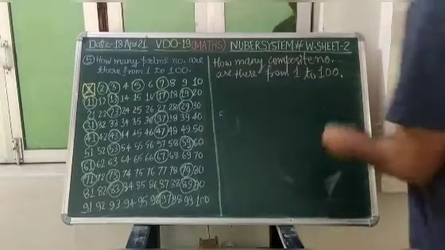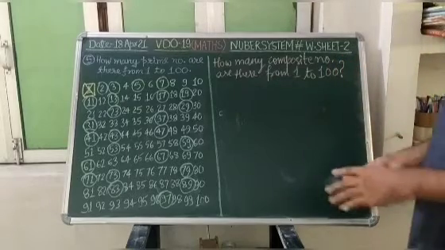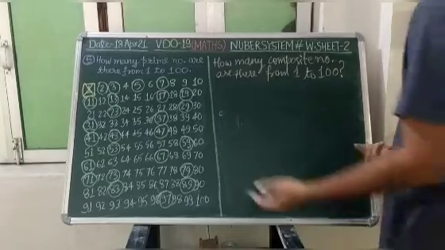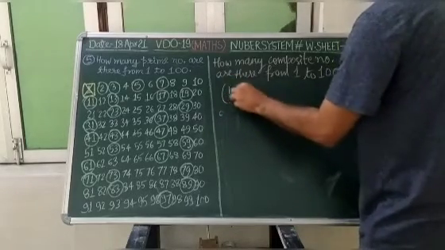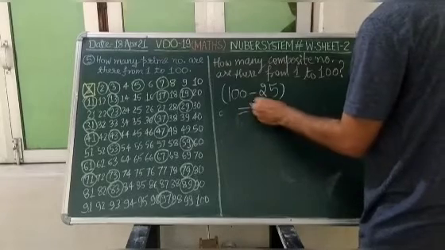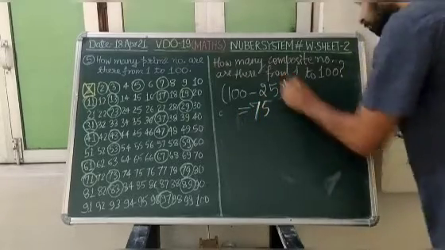So anyone can think that there were 25 prime numbers, so from 100 we can subtract 25, which will give us 75 composite numbers, and it will become wrong.